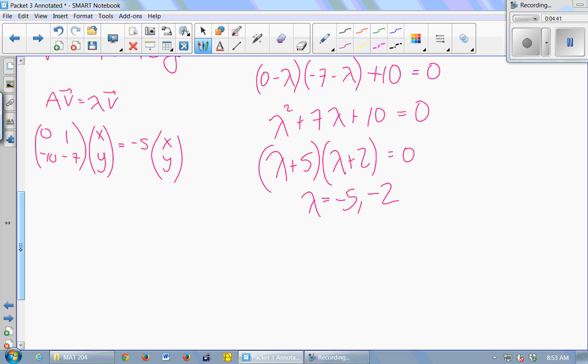And this will give me equations. So 0x plus 1y has to equal negative 5x. So if I pick a vector, pick an x, maybe 1, what would y be? Negative 5.